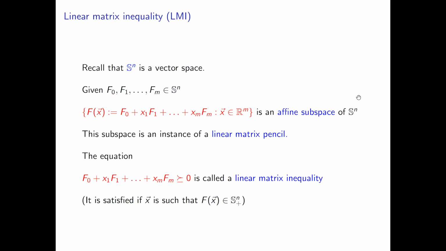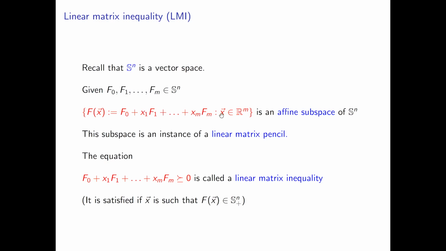I'm going to fix my f0. It's going to be something like a constant matrix. And then I'm going to allow myself to scale the matrices f1 through fm, each of which has its own coefficient, x1 through xm. I'm going to consider the set of all matrices of this type that I can create as the coefficients range over all possibilities.